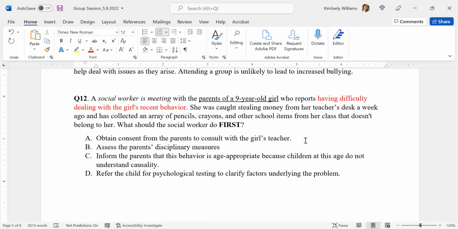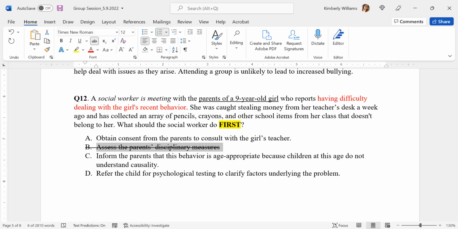So A is up there. So what about assess the parents' disciplinary measures? Is that something we would do? No, not yet. What about C? Are we going to inform the parents that this behavior is age appropriate because children at this age do not understand causality? No. Correct.